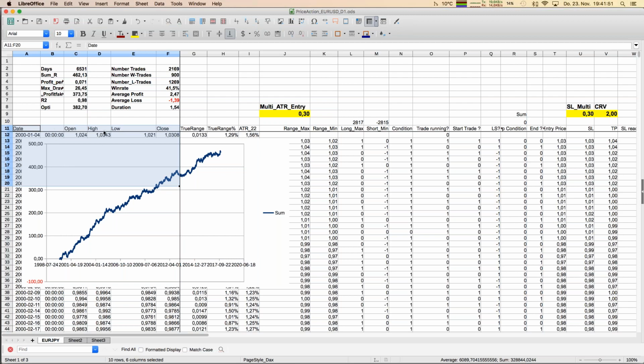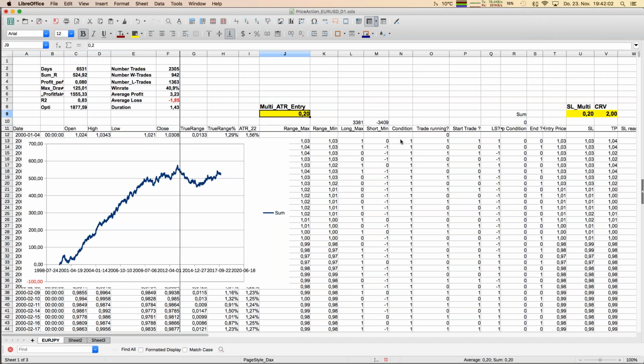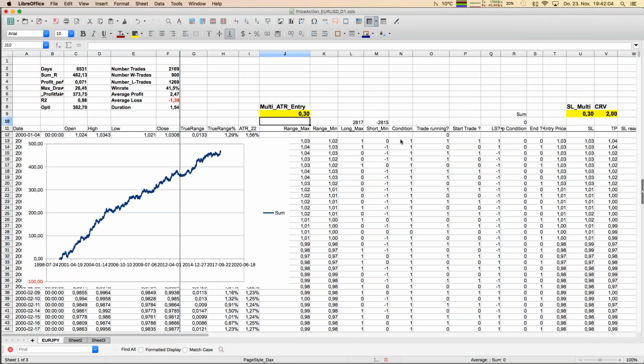So you put the new prices in here, and then you can figure out what kind of optimization you want to achieve and what kind of results you finally have by going for those three values: the distance for the order placement as a multiple of ATR for the entry, and stop loss settings and risk reward ratio.